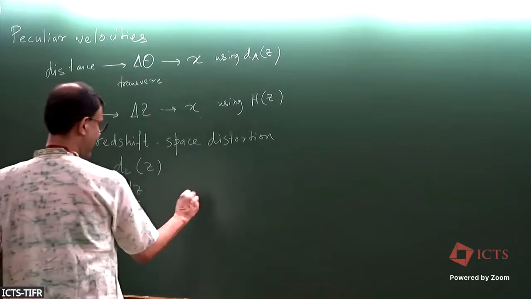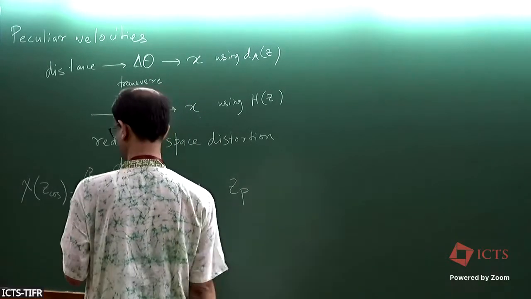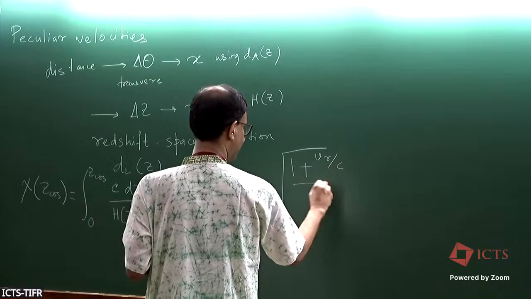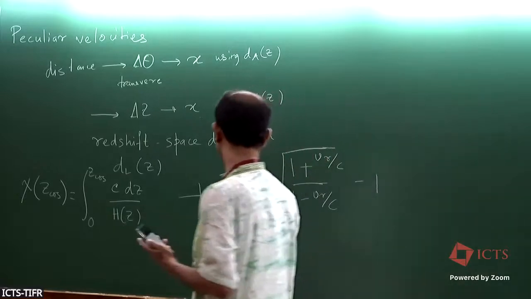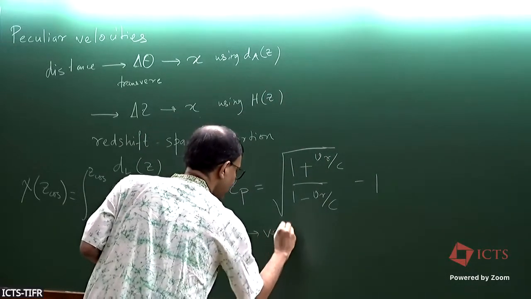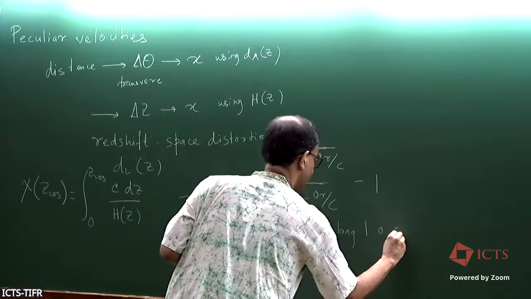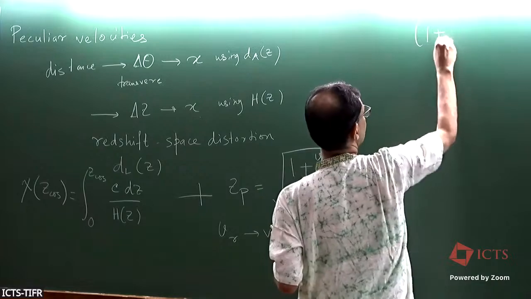But on top of that, there is something arising from peculiar velocities, and that redshift I can write as 1 plus v_r by c, 1 minus v_r by c, minus 1, where v_r is the velocity along the line of sight. So transverse velocity doesn't make any difference. It's the line of sight velocity which is a problem. And what you will observe is a combination of these.